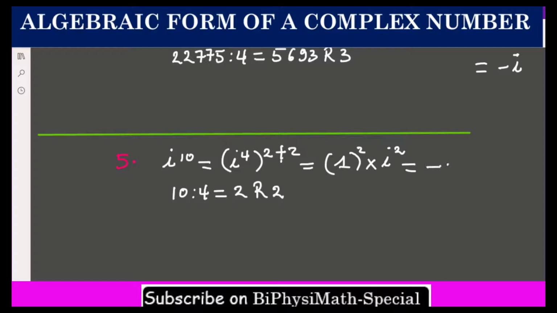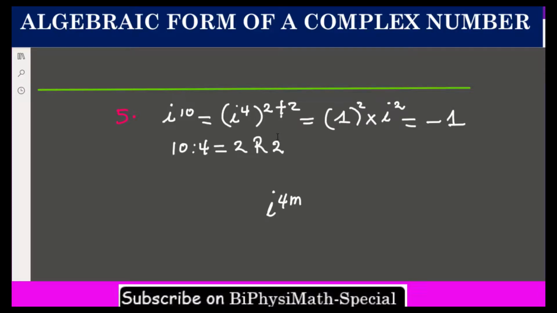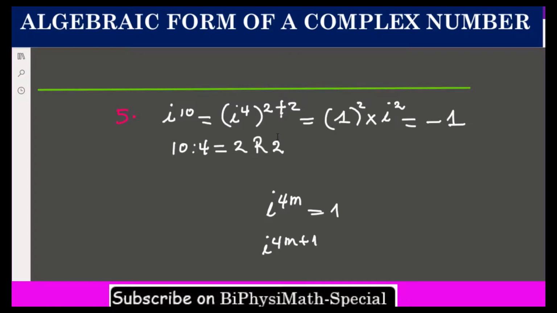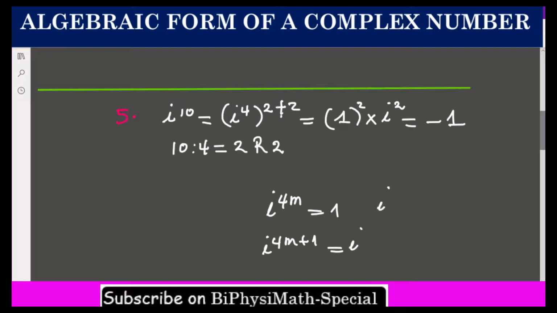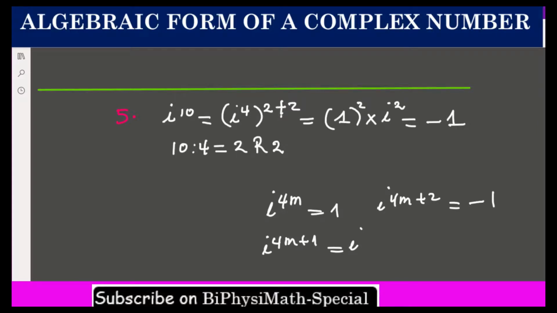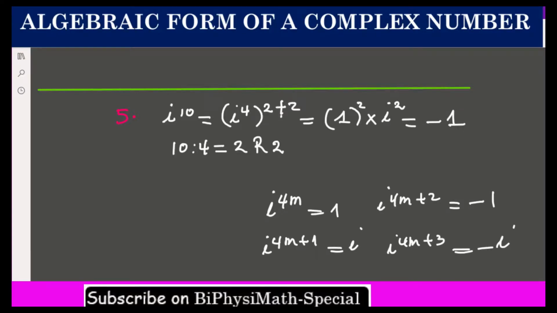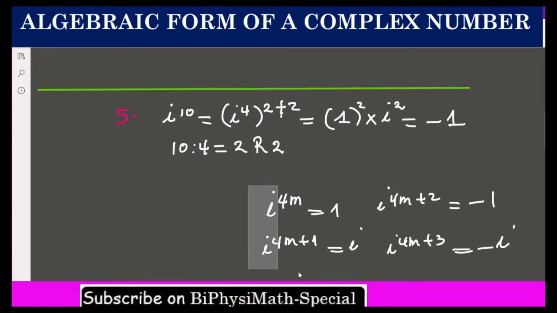We get -1. This is a general rule, as I mentioned above; we use this framework. i to the power 4m plus 2 equals -1 and i to the power 4m plus 3 equals negative i. That's why I first divide by 4 to find the multiple of 4 plus the remainder.